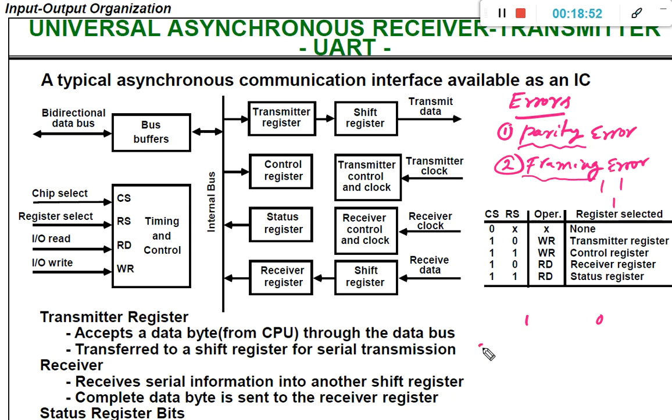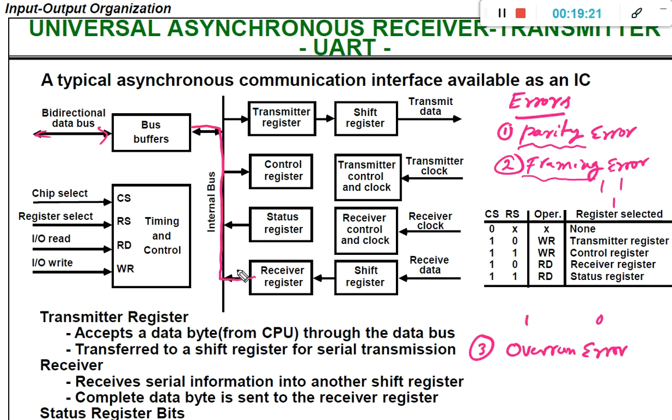The third error that could occur is an overrun error. This overrun error occurs whenever the CPU does not receive the data from the receiver register due to some problem.